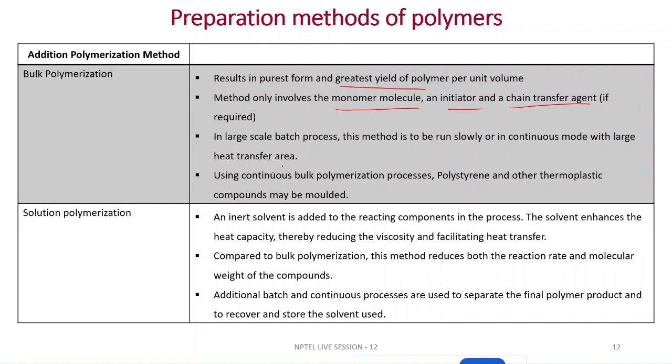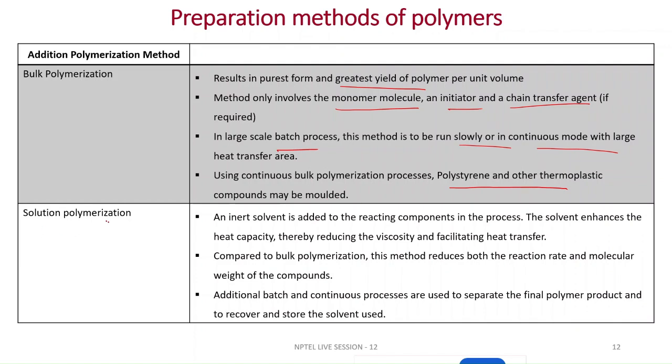In a large scale batch process, this method is to be run very slowly, or in a continuous mode with a large surface area for heat transfer, because in bulk polymerization there is a very high rate of temperature rise. Using continuous bulk polymerization processes, we can make polystyrene and other thermoplastic compounds.